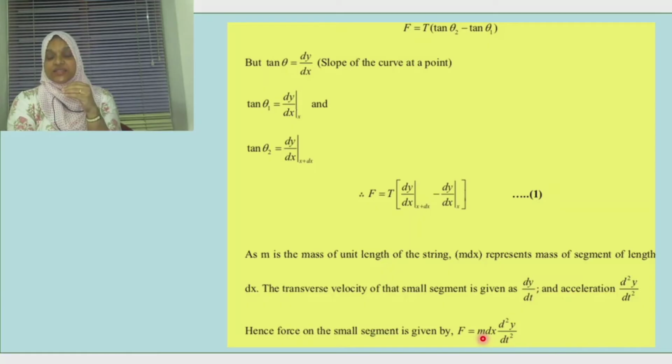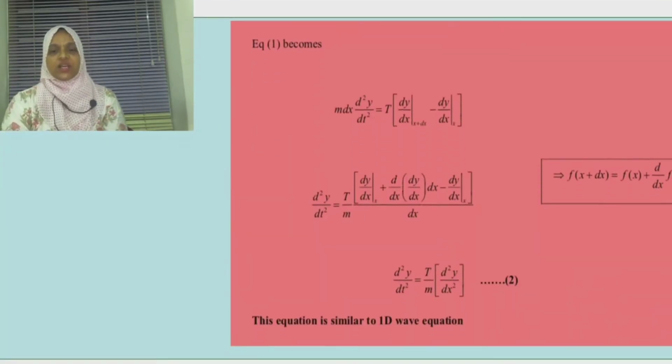Here the mass is not m but m into dx, the mass of the small element having length dx, where m is the mass per unit length. So this mass into acceleration, m dx into d square y by dt square, represents the force acting on the element having length dx. So you can equate these two.